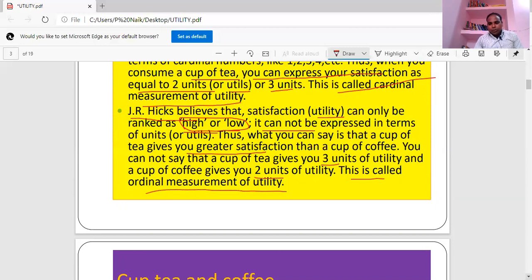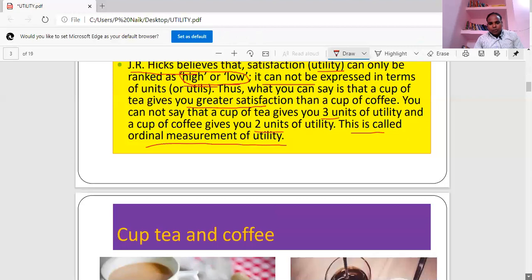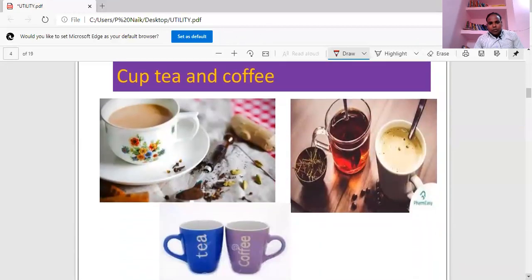So now look, this is a picture of a cup of tea and coffee. This is tea and this is coffee. Which one is giving more satisfaction?